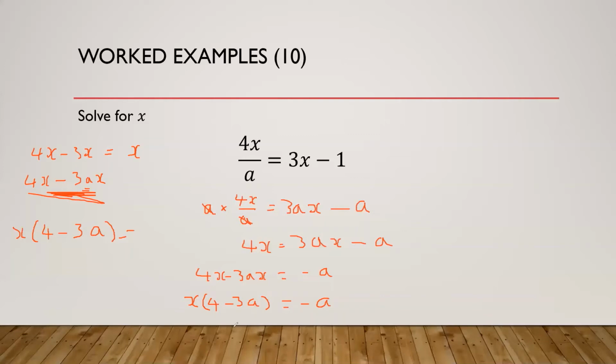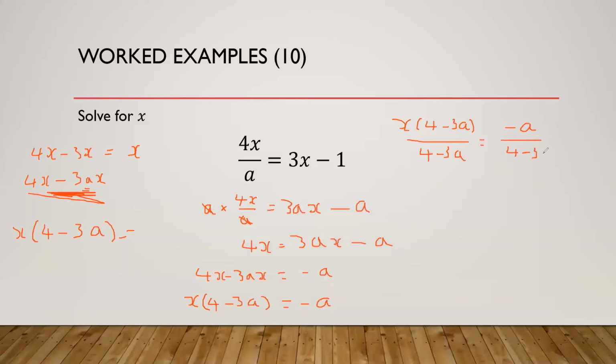Now it's easy to isolate x because all we need to do now is divide both sides by 4 minus 3A. So x times 4 minus 3A divided by 4 minus 3A is equal to minus A divided by 4 minus 3A.